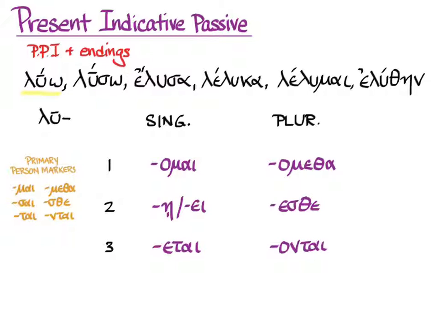Now, I'm sure you're dying to know what's going on with the second person singular. Well, it should have been *esai, epsilon plus the primary person marker. That asterisk is an indication that this is a supposed form that doesn't exist in Attic Greek, but that is helpful in understanding the form that does exist. Anyway, sai doesn't make Attic Greek happy because Attic Greek, for whatever reason, tends to drop the sigma sound between vowels, the S sound between vowels.